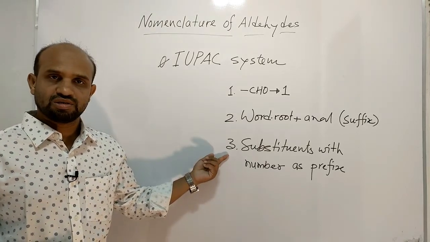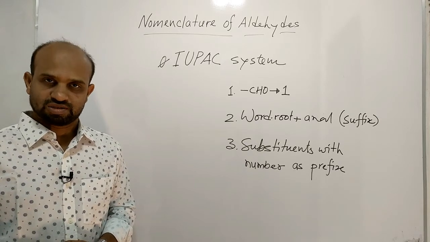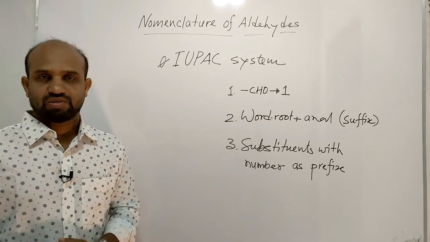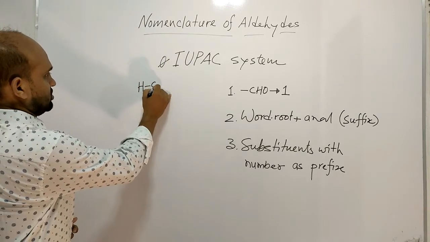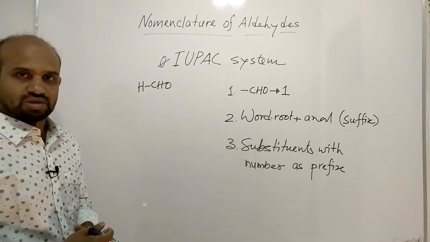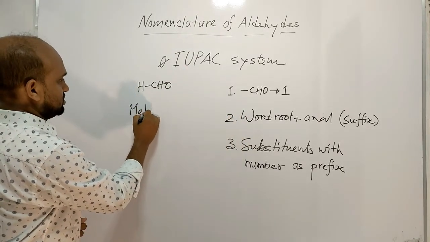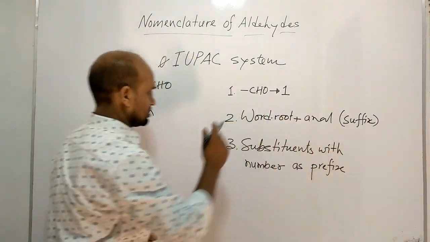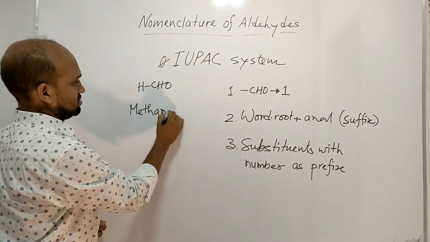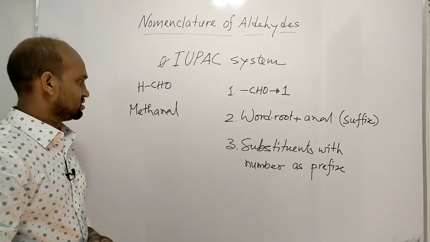Point number 3, substituents with number as prefix. Let's see some examples. First of all, here word root is meth, anal as suffix, so its name is methanal.